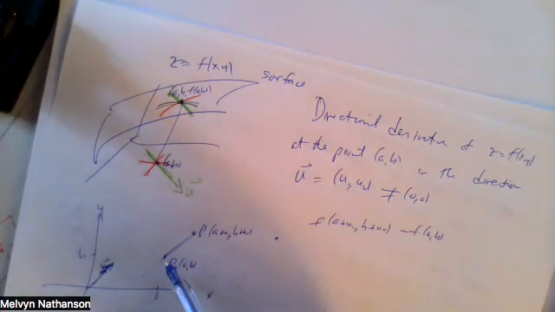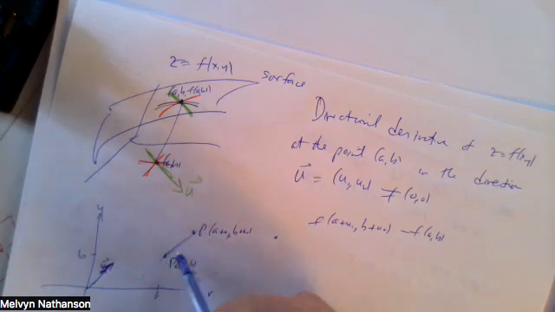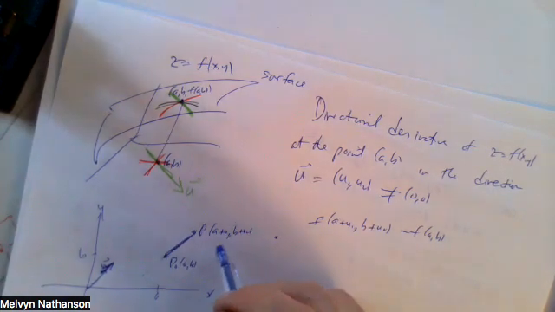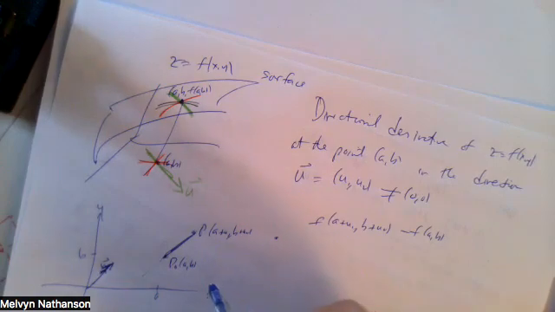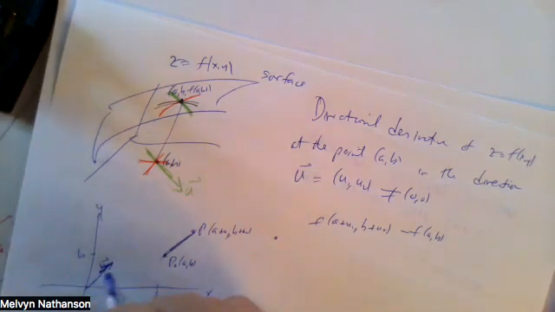That's the change in the value of the function as you move in this direction from the point A, B to A, B plus u. u is the vector u1, u2.